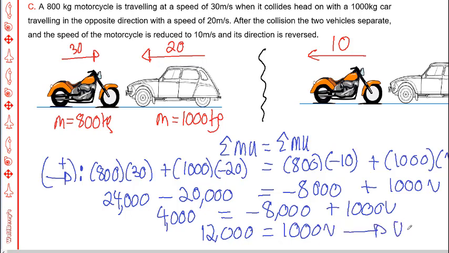Therefore, the velocity of the car after the collision is positive 12 meters per second. So it actually goes to the right with a speed of 12 meters per second.